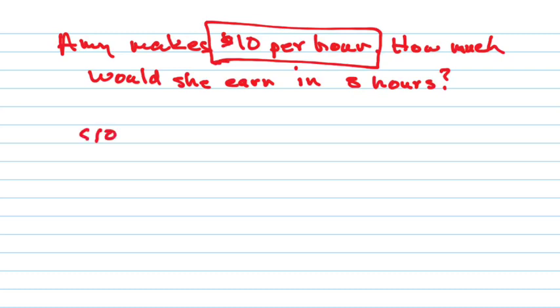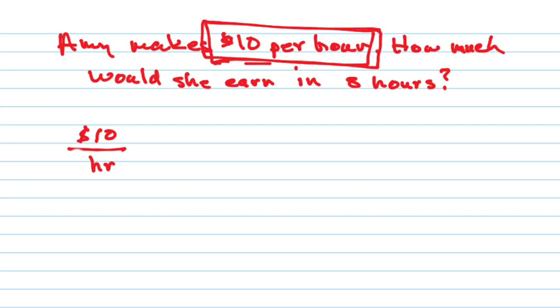It would be $10 over what? Yes, 1 hour. It's $10 per hour. So that's the rate. Do I need the 1? No. Is it wrong if you put it? No.